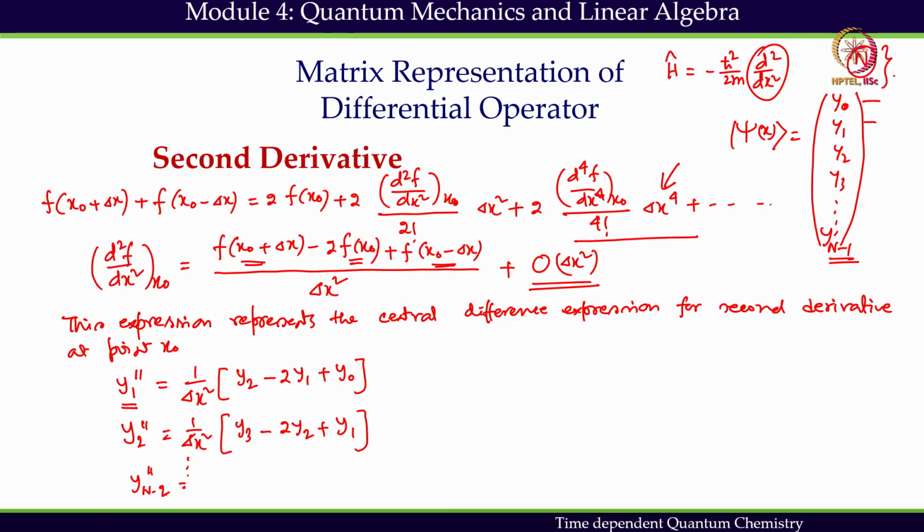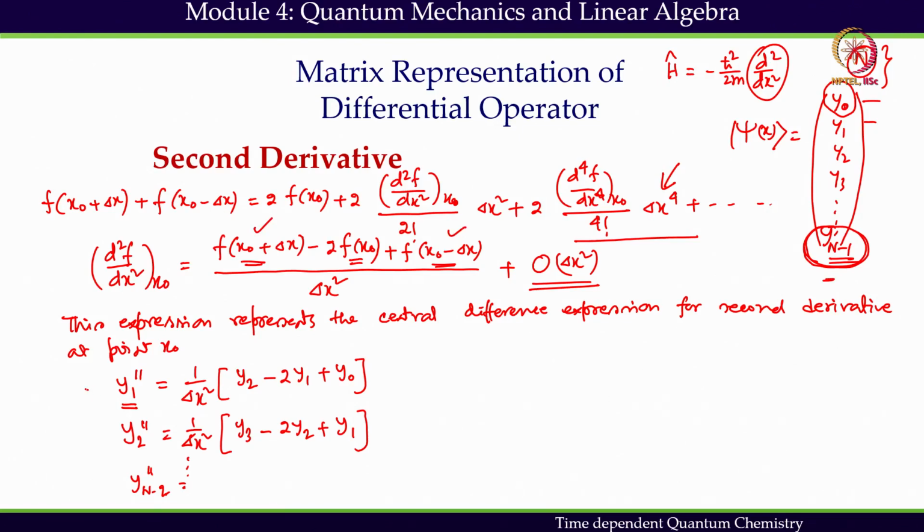And that is why I will not be able to get the derivative at this point, because I do not have any point one step backward. Similarly, I cannot get the second derivative, particularly with the central difference method, at the other end point also because I do not have any point one step forward, because I need one step forward and one step backward values of the function.